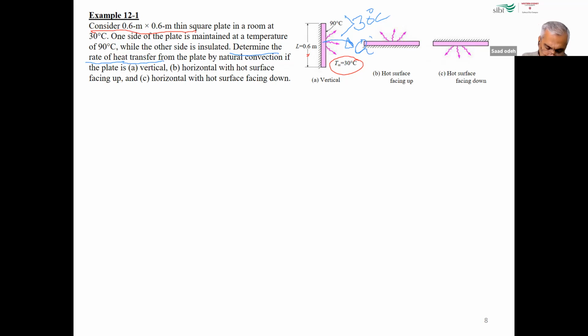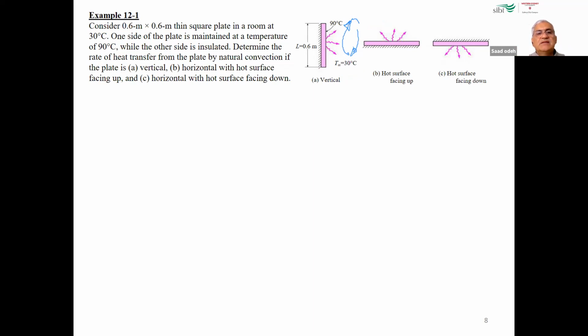If we expose this plate to the room air, there will be heat transfer by natural convection. The hot air will rise up, the cold air will replace the hot air, and so on. This kind of circulation, we call it natural convection.